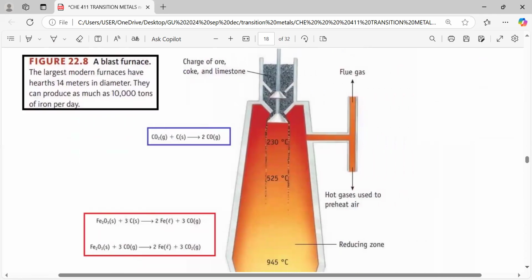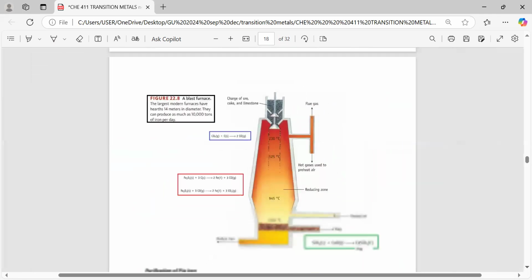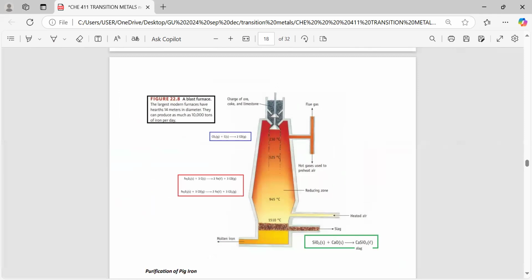So let us just look at this blast furnace in full and see where these reactions occur. This is where you put in your inflow, the ore, then coke, then limestone. Then you bring hot air from the bottom.